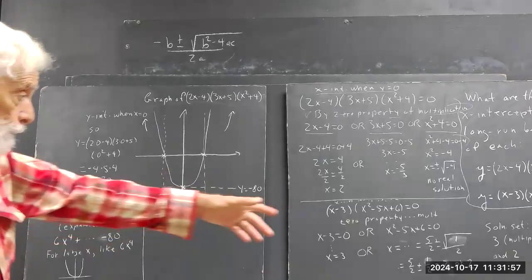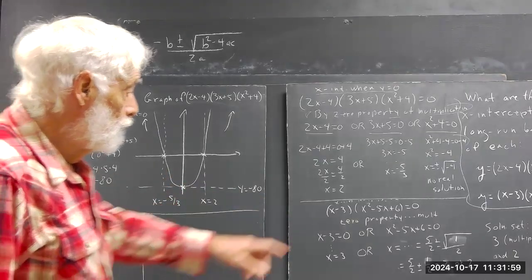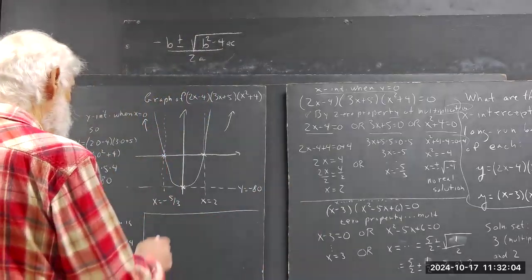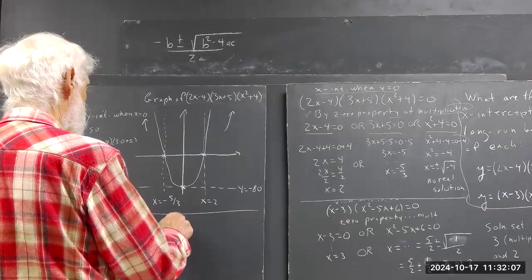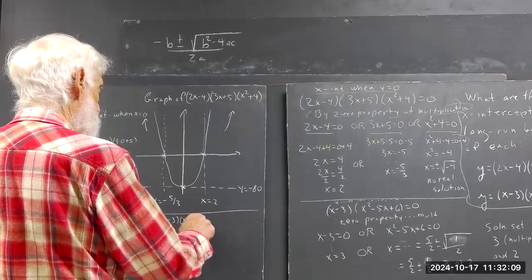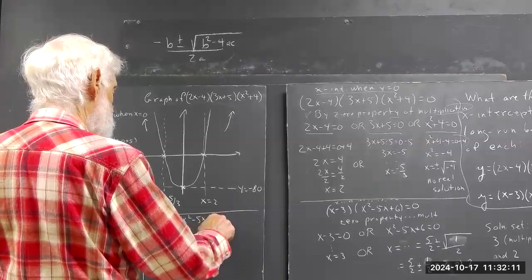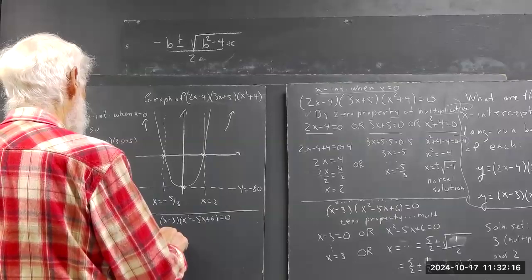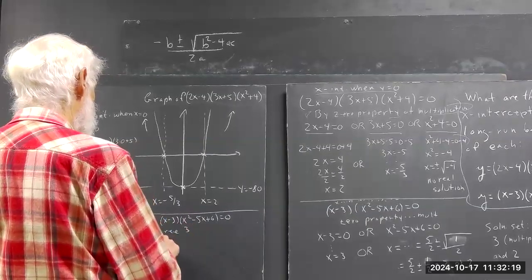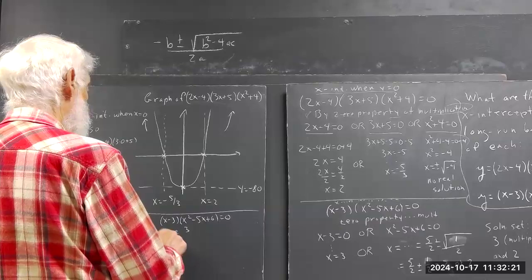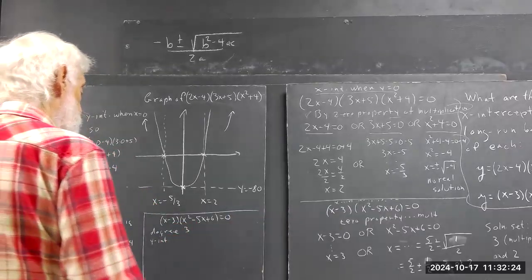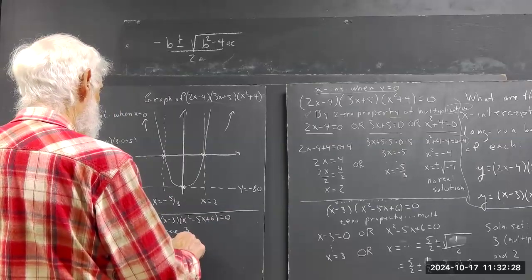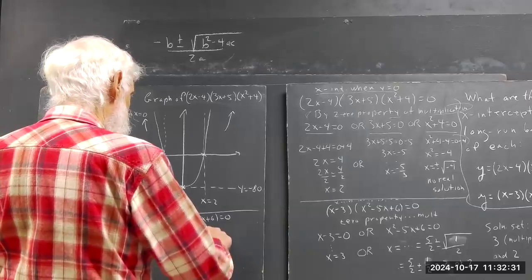I'm not going to take the time to write out all the details for this one, but what's the degree? The degree is 3. We found the x-intercepts. The y-intercept is what you get when you let x equal 0. It's (0, -18).